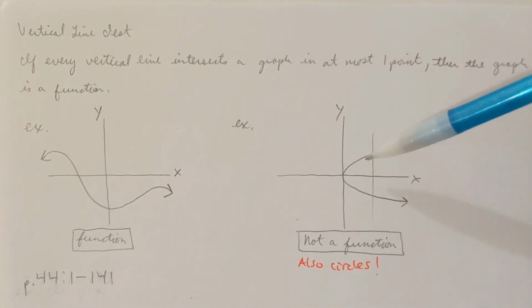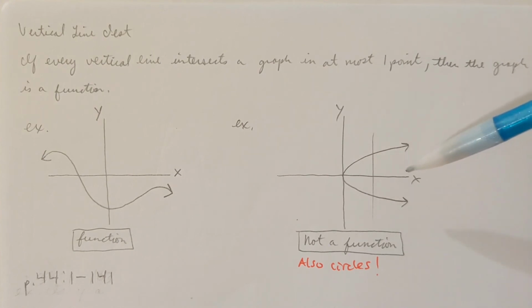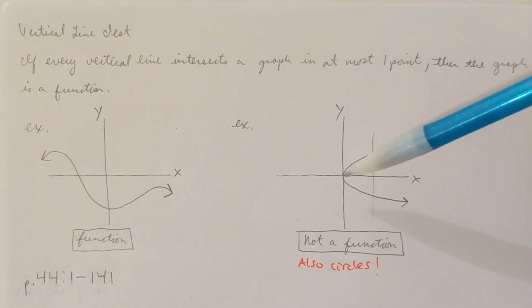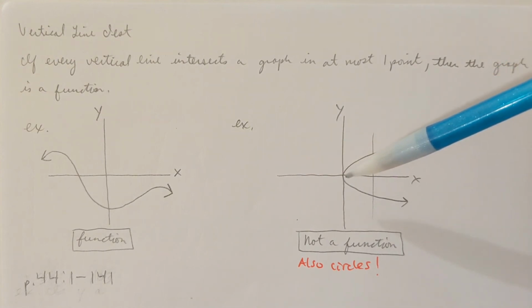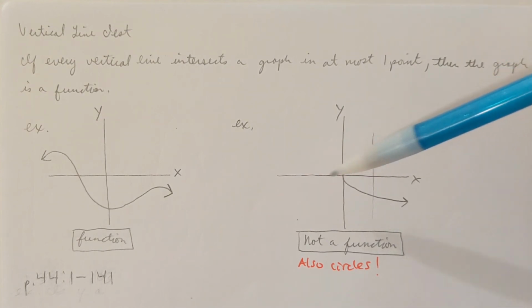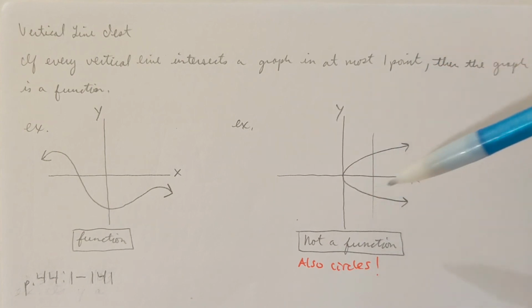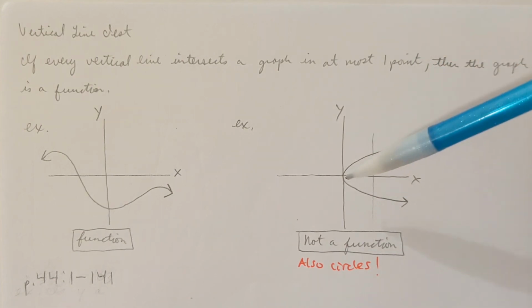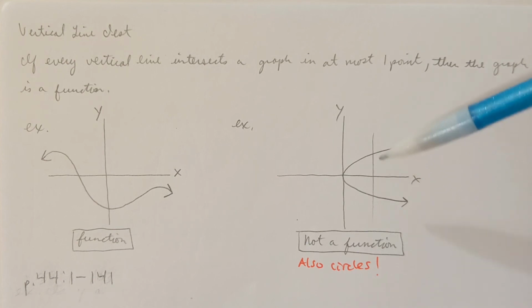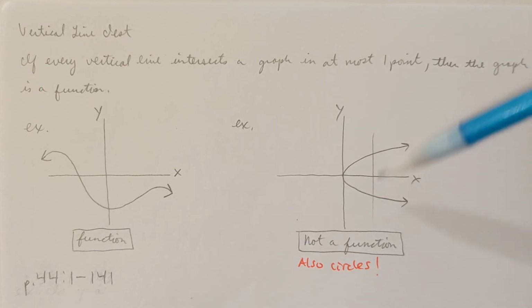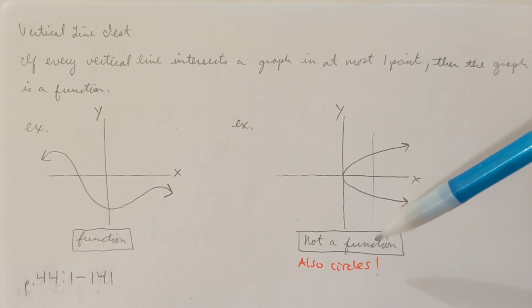Okay, so we're all good on the left side of the y-axis, but where the theorem fails is once we get over to the right side. If I draw any vertical line on the right side of the graph, it's going to intersect at 2 points that I can see here. So this would not be a function.